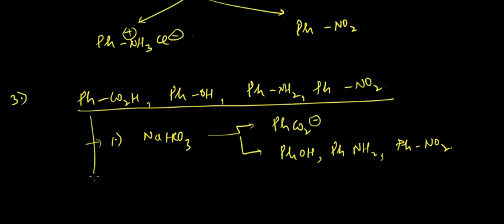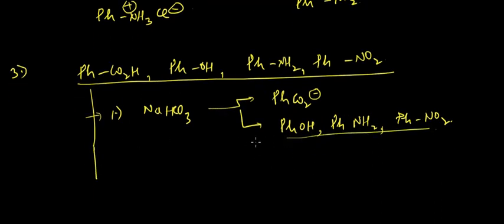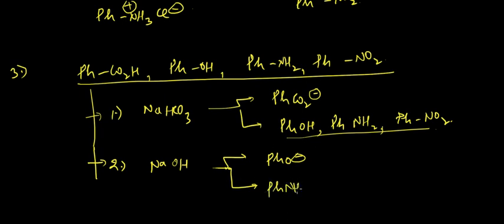In the second step you take NaOH, which will separate out phenol, and the rest, aniline and nitrobenzene, are not separated out.